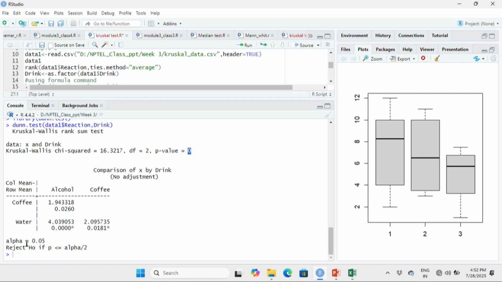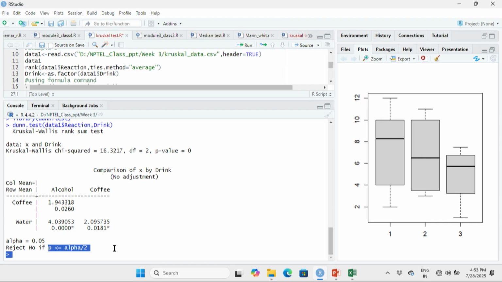Clear? So, alpha is taken as 0.05, and we reject H if p is less than or equal to alpha by 2. Here all I am saying is 0.05, but when you are checking, alpha should be divided by 2, 0.05 divided by 2. Even though 0.026 is less than 0.05, you have to make the comparison with alpha by 2. Clear? Alpha is 0.05 divided by 2, which turns out to be 0.025.